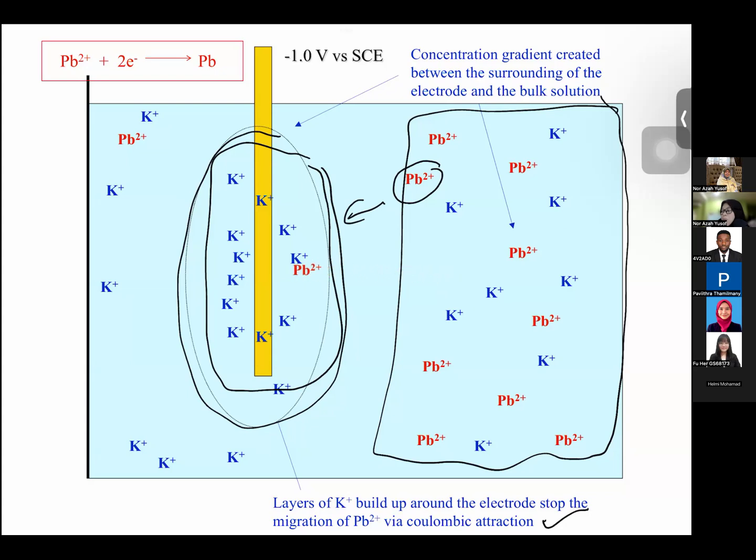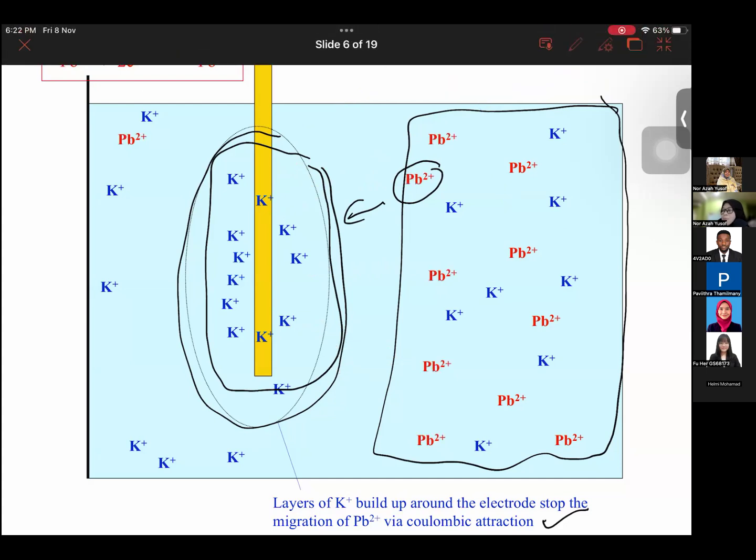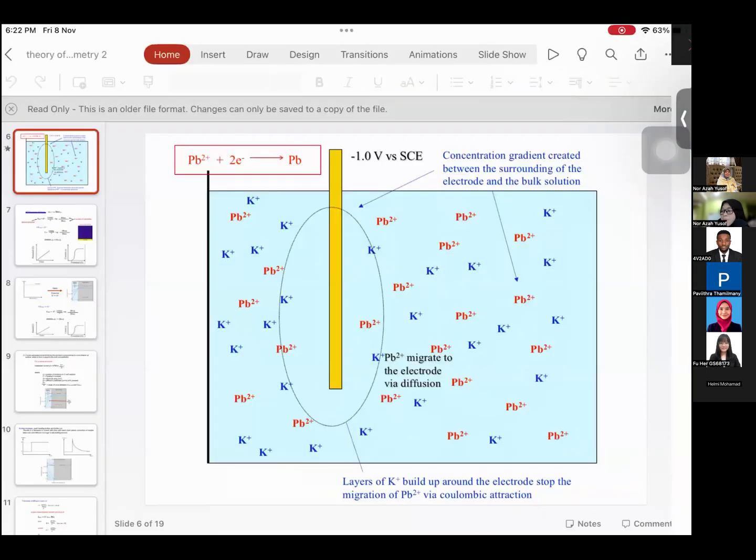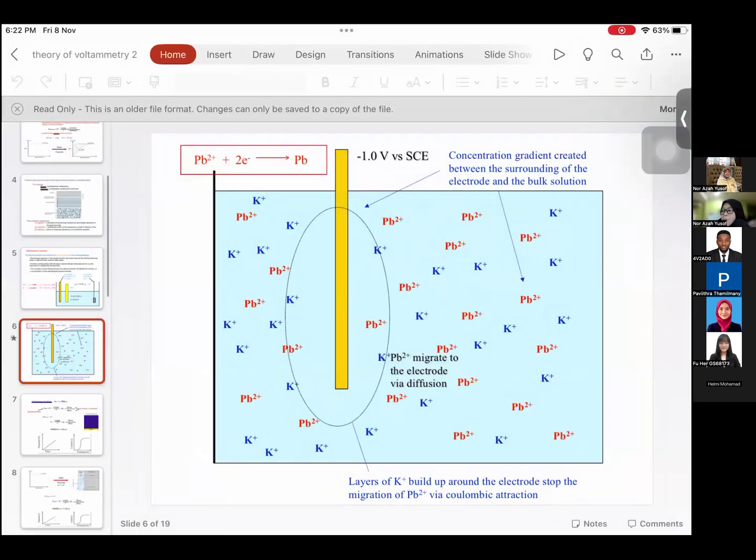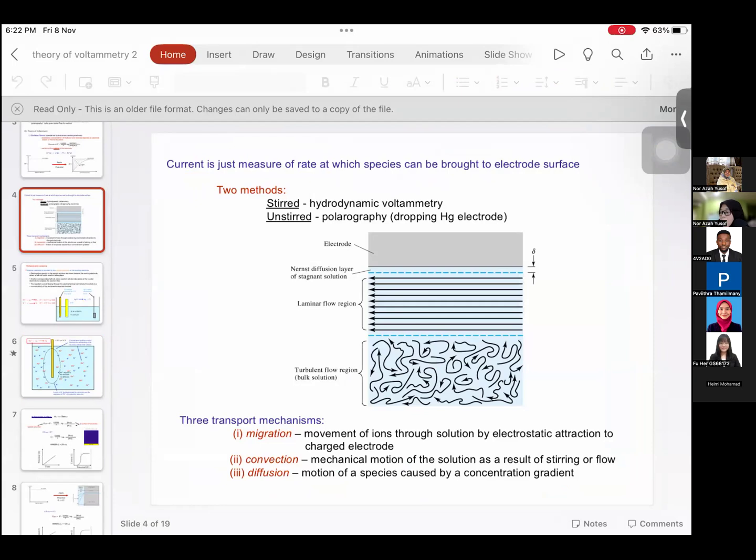So what's next after this? It only can diffuse. Remember what is diffusion? Diffusion is the motion of species caused by a concentration gradient.